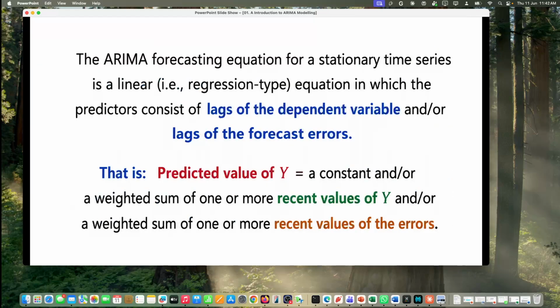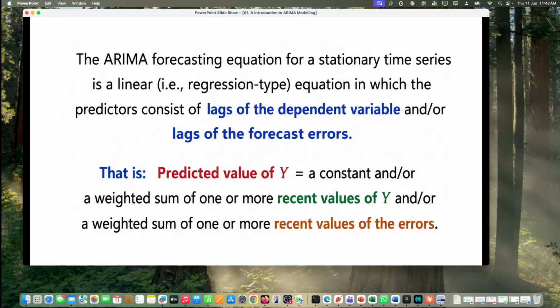Now, the ARIMA model forecasting equation for a stationary time series is a linear regression type equation in which the predictors consist of lags of the dependent variable and lags of the forecast errors. So basically, the predicted value of y is equal to a constant plus a weighted sum of the most recent values of y and a weighted sum of one or more recent values of the errors.